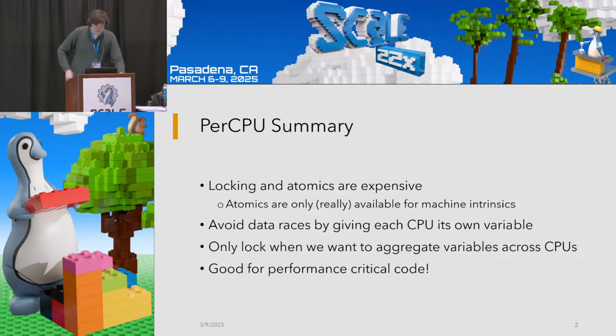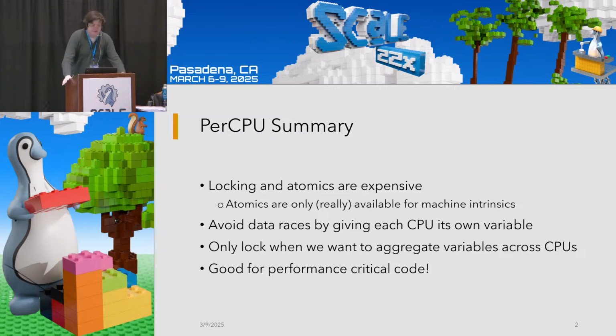The key thing here is that we only actually need to do any kind of synchronization when we want to aggregate these variables across different CPUs. And even then, there's some tricks that we can do to not have to do any kind of super heavyweight synchronization there. So the big thing here is that this is really good for performance critical code.